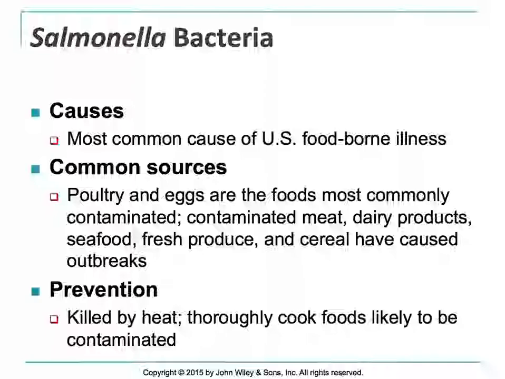Common sources of salmonella include poultry and eggs, contaminated meat, dairy products, seafood, fresh produce, and cereal. Prevention of salmonella: Salmonella is killed by heat, so it's important to thoroughly cook foods that are likely to be contaminated.